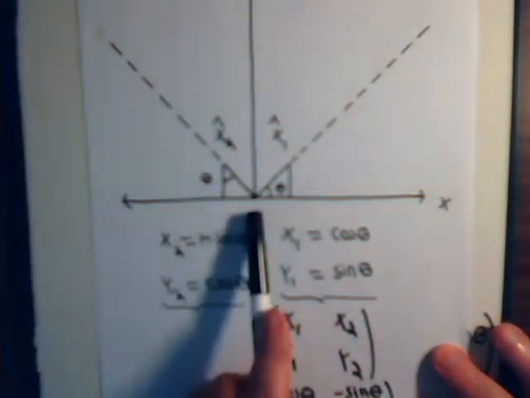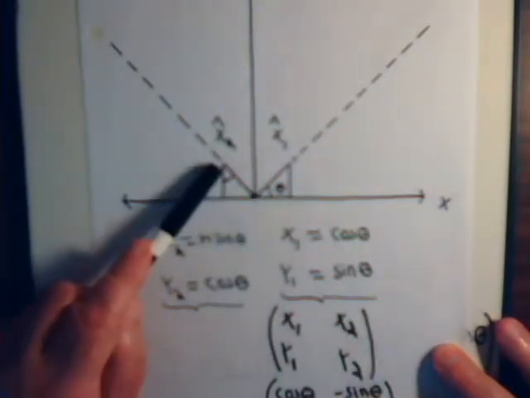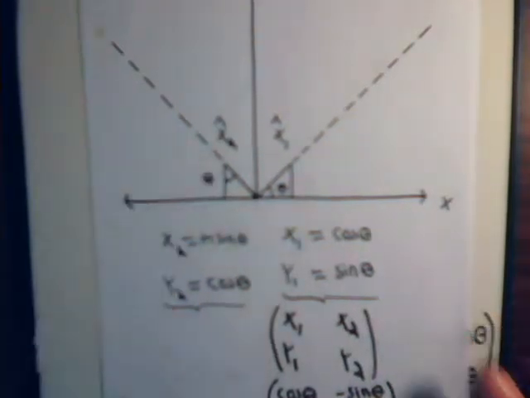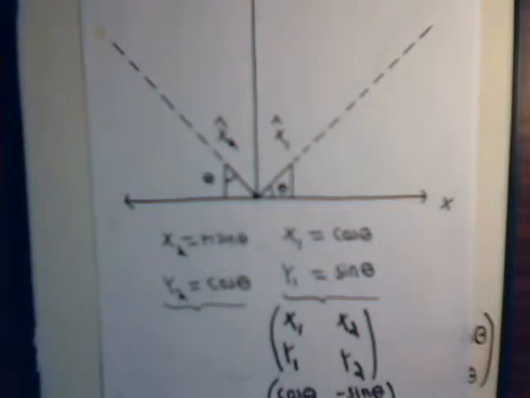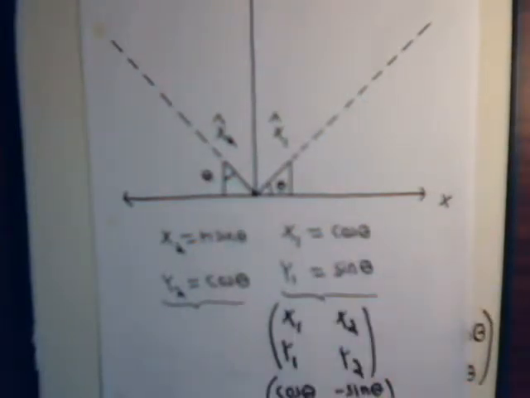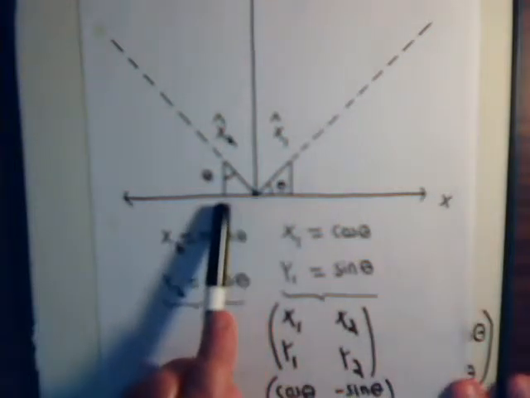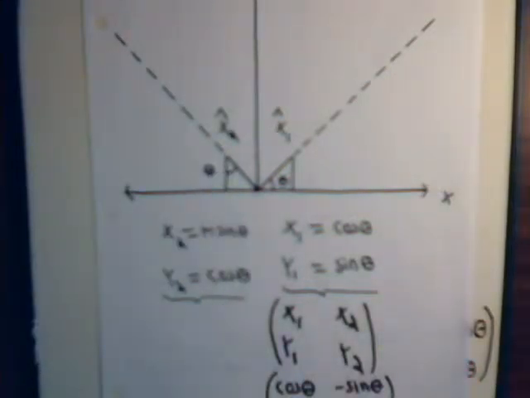Here is the unit eigenvector x1. Here is the unit eigenvector x2. Now, for that situation, x1 and y1 are just the cosine of theta and the sine of theta, respectively. x2 and y2 are just minus the sine of theta and the cosine of theta, respectively.